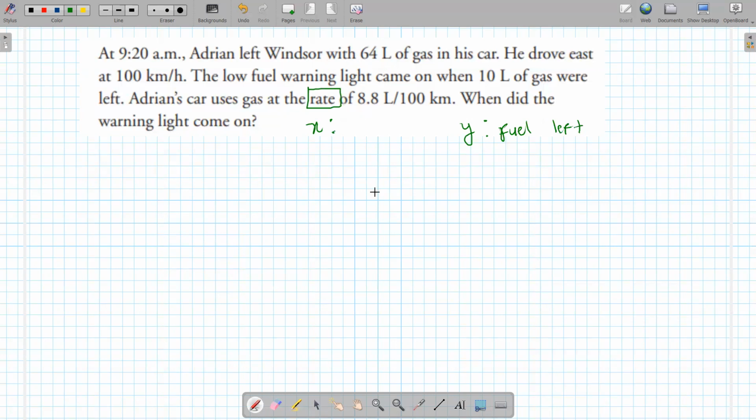That's our slope right there. m is 8.8. And again, look at the units on the rise: liters per 100 kilometers. This is our Y, which is the fuel left in his gas, and this is our X. It is the kilometers he's driven.